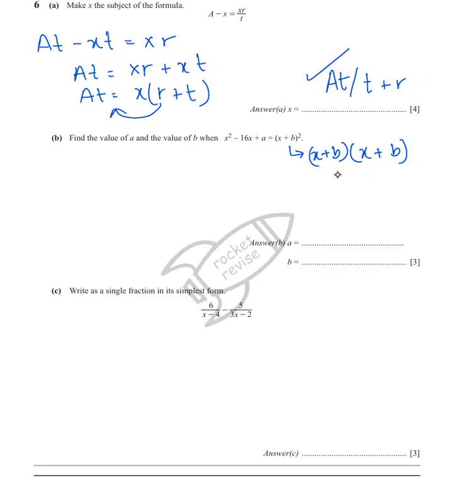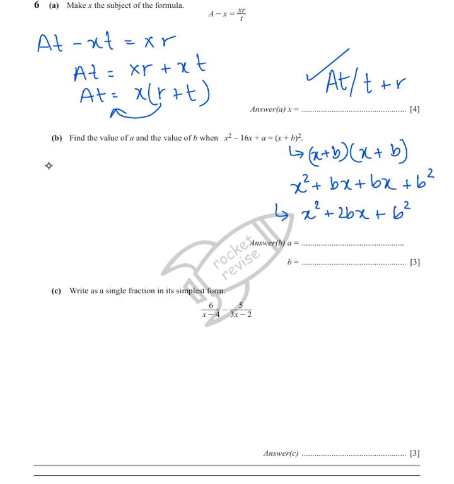We can, right? Okay. Let's expand this. X squared plus bx plus bx plus b squared, right? We have reached this conclusion, okay? So this can be written as x squared plus 2bx plus b squared.